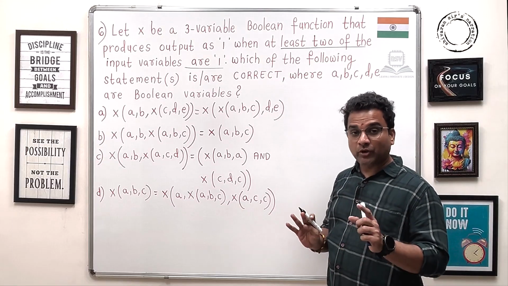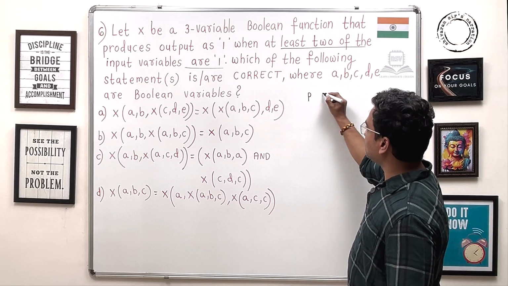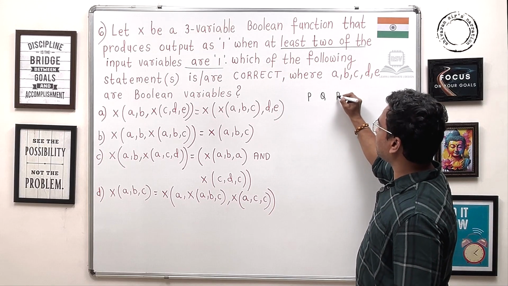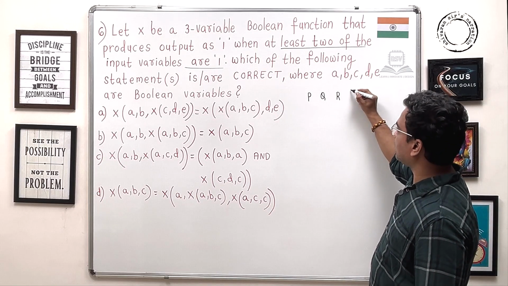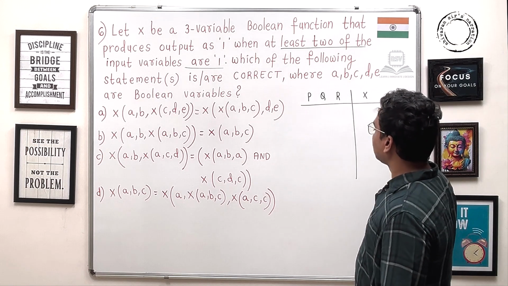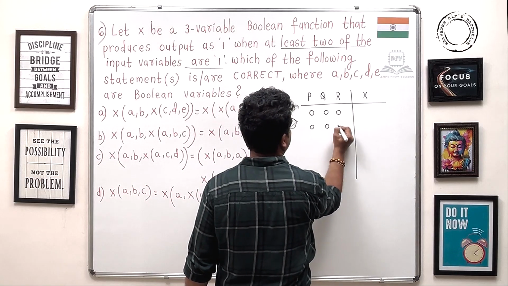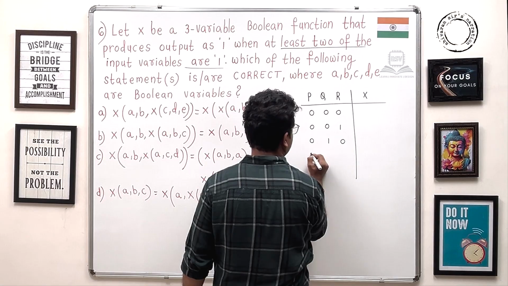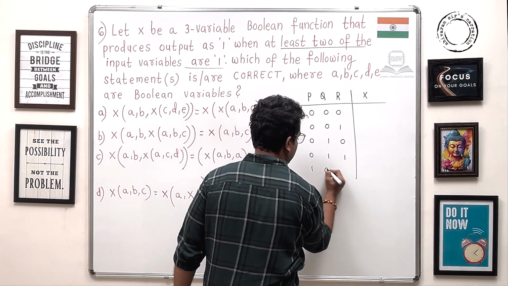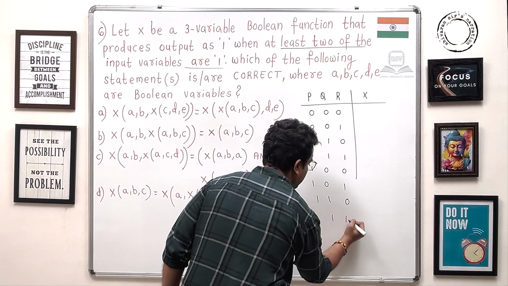As per this, if you draw the truth table, how does it become? Let's assume those variables are P, Q, R and this is X. Therefore, guys, here we get 000, 001, 010, 011, 100, 101, 110, 111.